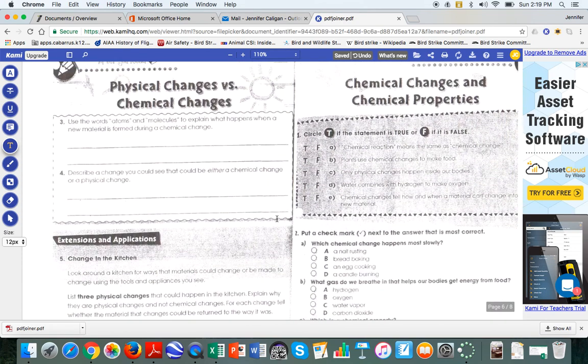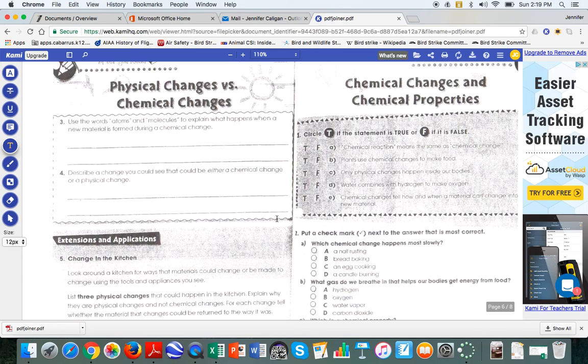All right. Moving on along. Sorry, I gotta find my page. Number 3, use the words atoms and molecules to explain what happens when a new material is formed during a chemical change. And on my paper, I wrote, go back to page 29. What in the world does that mean? Oh, go back to page 29.